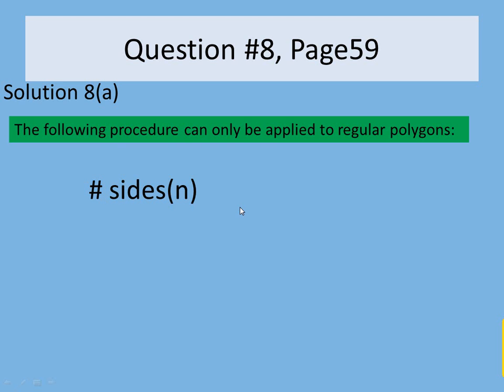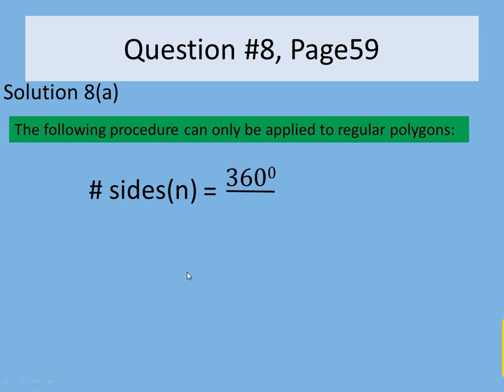Right, so we need to find the number of sides given the fact that each exterior angle of the polygon is 20 degrees. So we know that all exterior angles of the polygon must sum to 360 degrees.